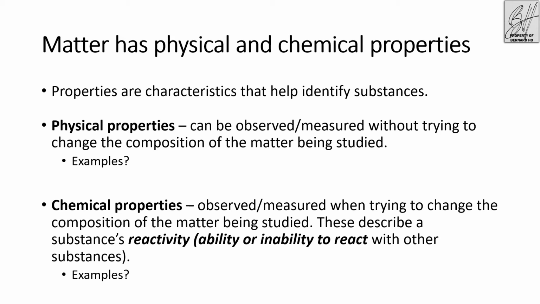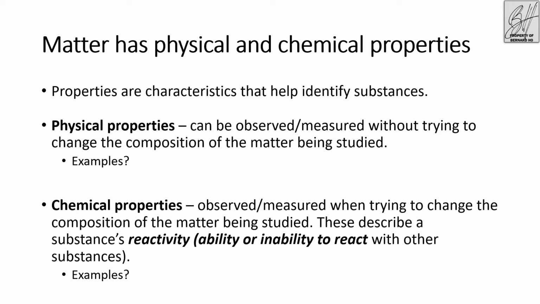Now, to explain this further, we can only notice that something has the property of being flammable when it's actually bursting into flames, right? Without that observation, we don't know that the chemical property exists. So when that happens, the molecules of the object are changed into something else.